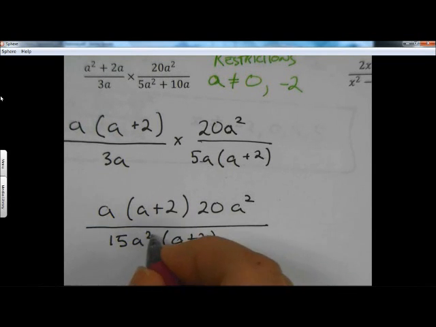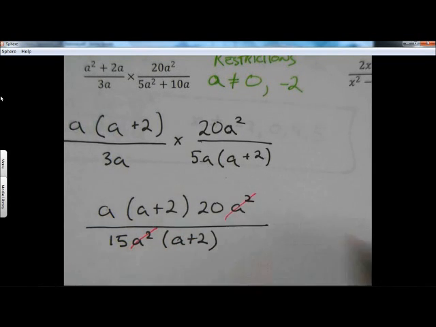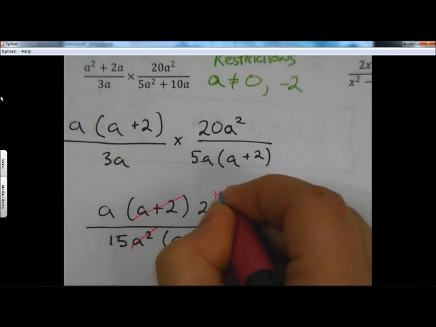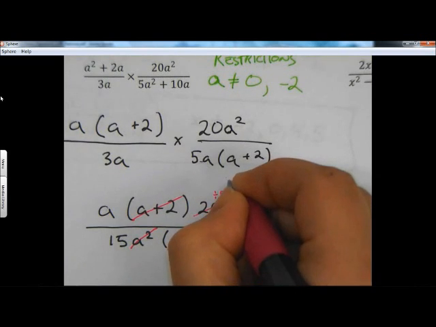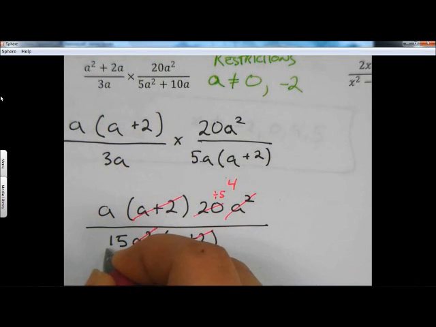Well, A squared and A squared cancel, A plus 2 and A plus 2 cancel, and let's make this lowest terms, 20 and 15. What could I divide both 20 and 15 by? 5. 20 divided by 5 equals 4, and 15 divided by 5 equals 3.